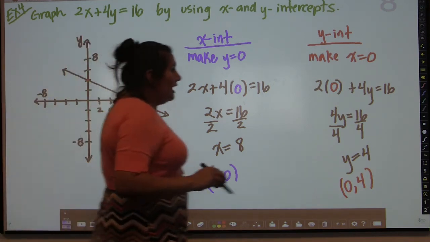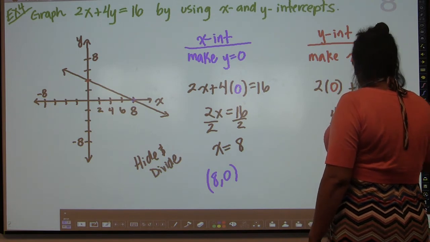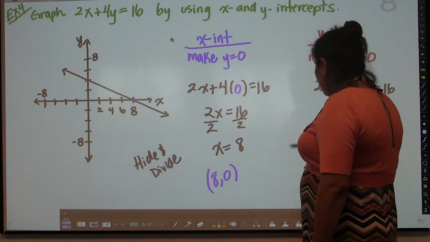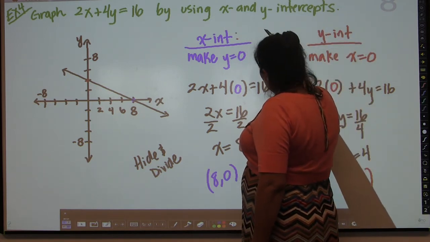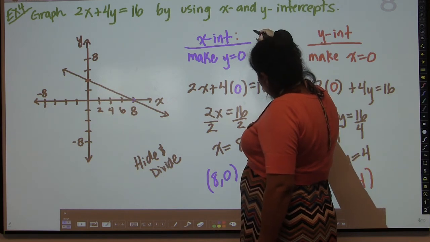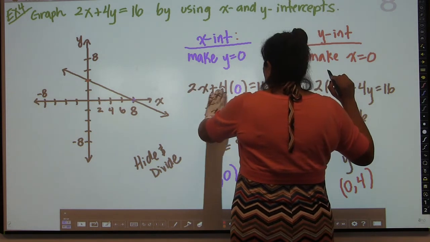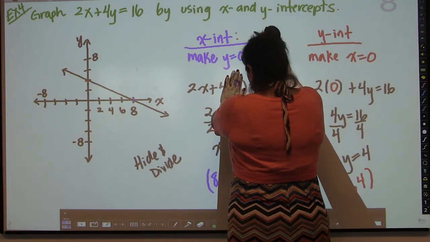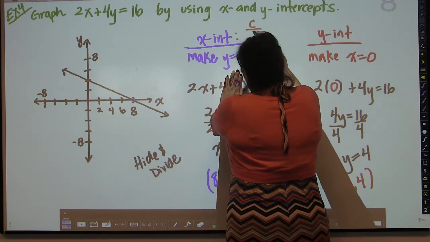So to generalize what we said about ax plus by equals c, I can give you a formula. For the x-intercept, this is ax plus by equals c, so it's going to be c divided by a, comma 0.